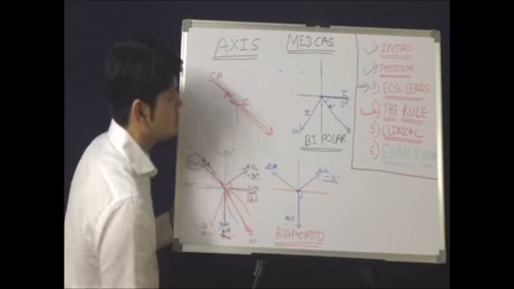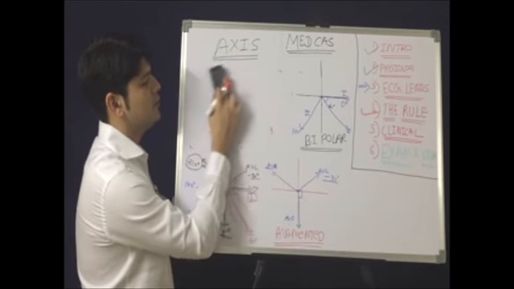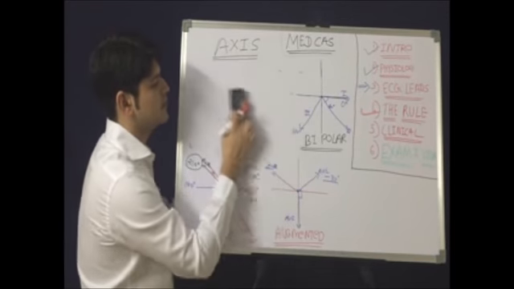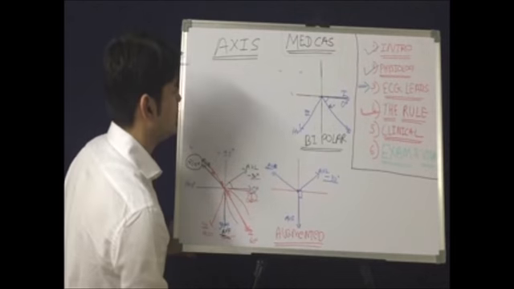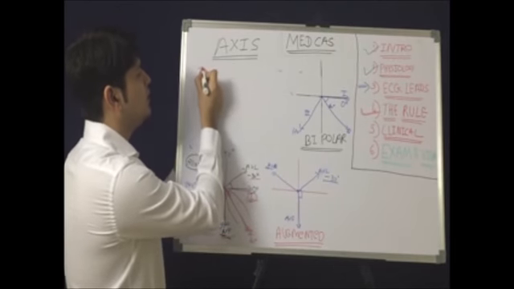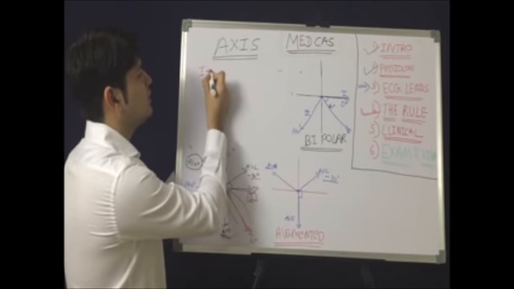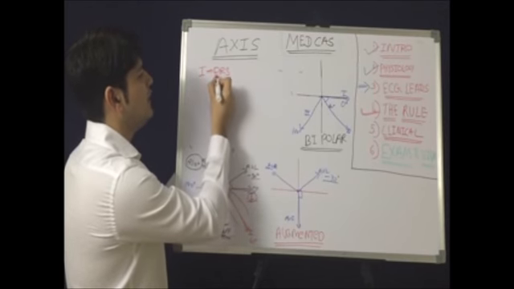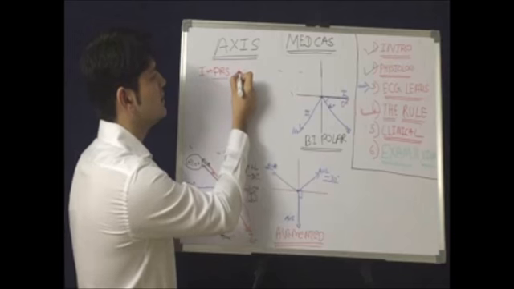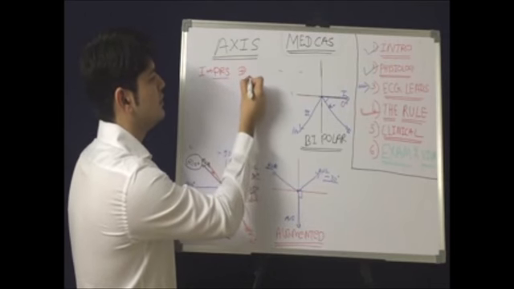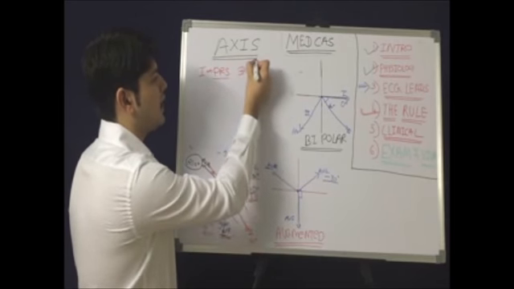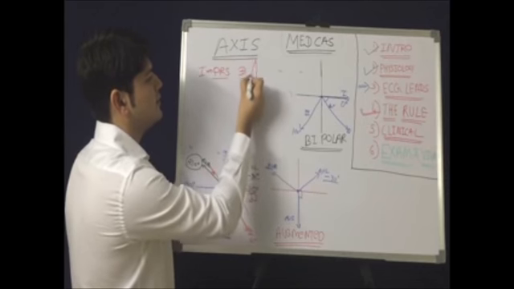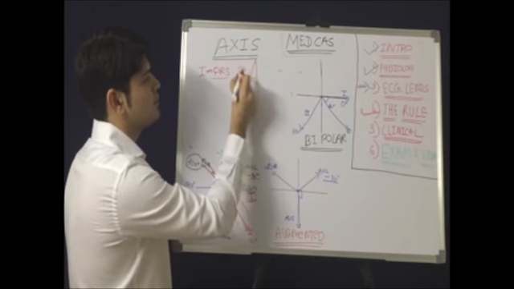How is this magic going to work? Let's understand on the board first, then we'll go to real ECGs. Suppose I have a patient whose ECG lead 1 QRS complex you have to focus on for positivity and negativity. Lead 1 QRS complex is positive, meaning you see the Q wave, then R wave and the S. It's a positive QRS complex.